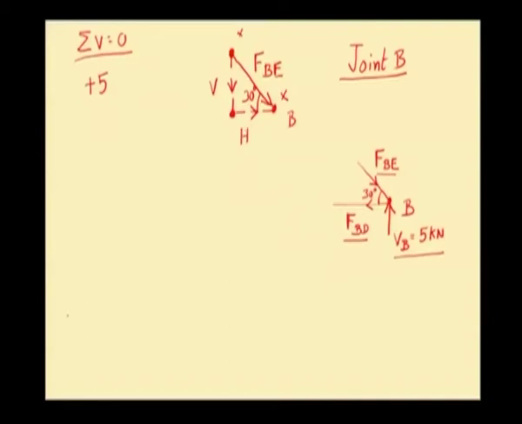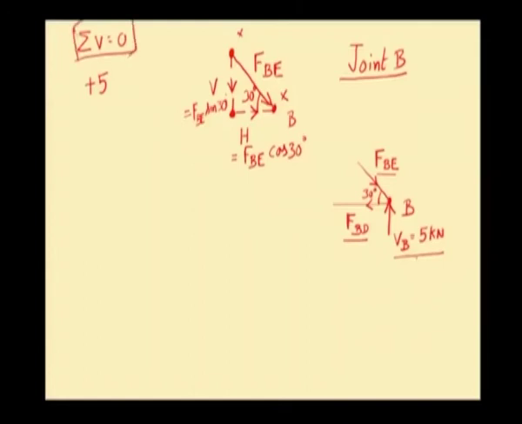The vertical component of FBE will be V, which will be equal to FBE into sine of 30 degree. Similarly, the horizontal component of FBE, H, will be equal to FBE into cos of 30 degree. Now, we are using the condition sigma V equal to 0.